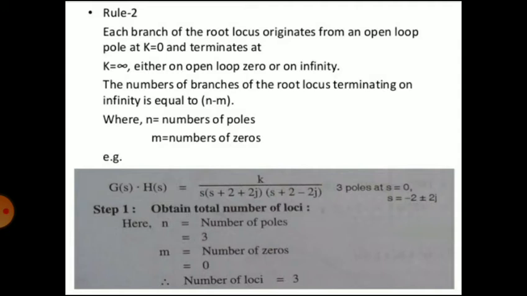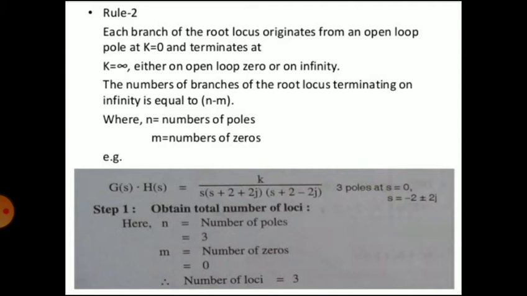The number of poles can be determined by equating the denominator to 0. We will get different values of s if we put the denominator equal to 0. So s equal to 0, then s equal to minus 2 plus 2j, and another value s equal to minus 2 minus 2j.